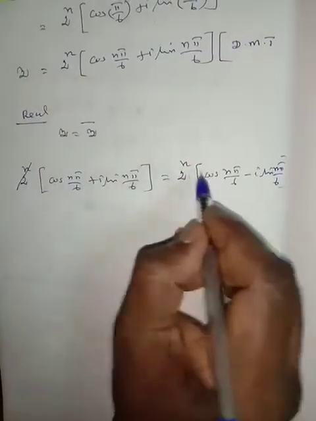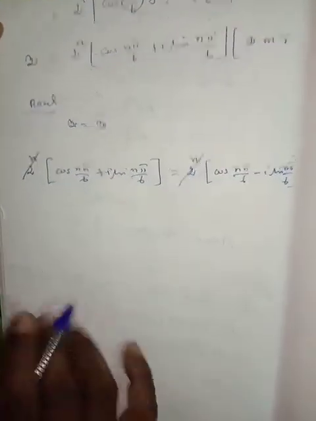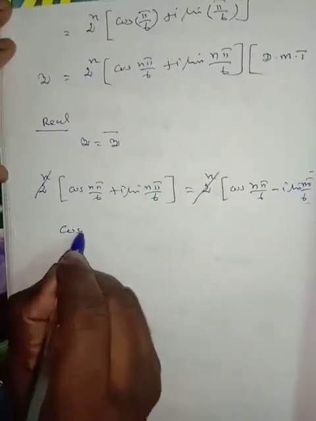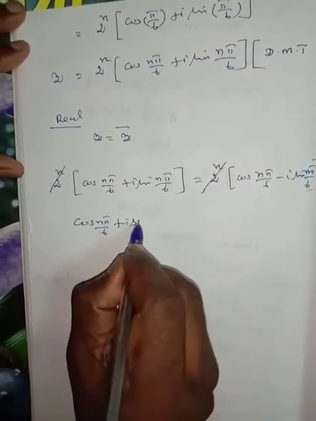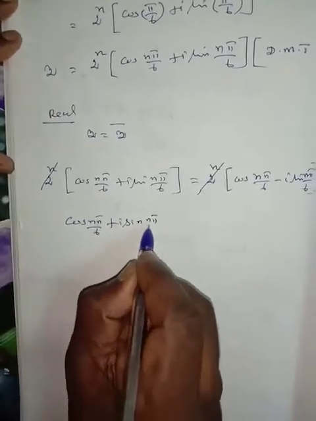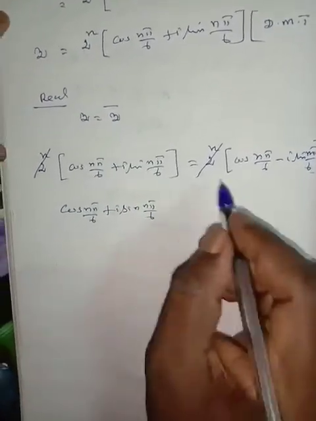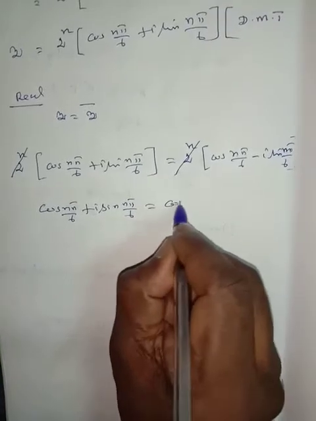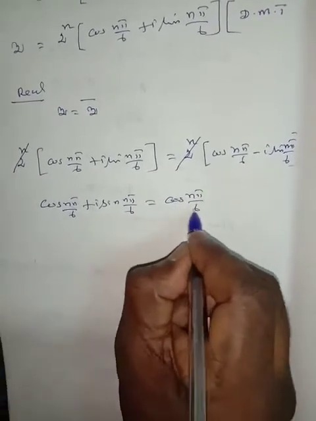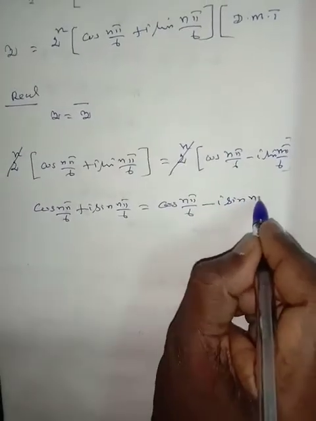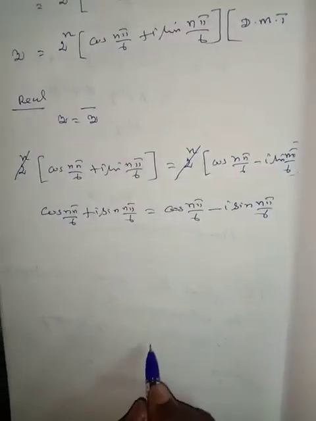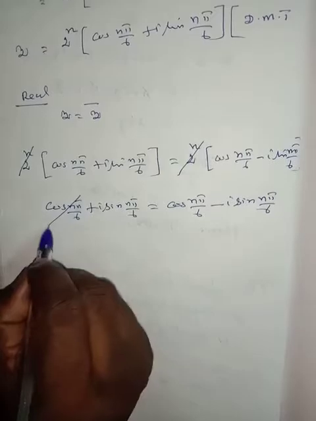2 to the power of n, 2 to the power of n cancelled. Remaining part: cos n pi by 6 plus i sin n pi by 6 is equal to cos n pi by 6 minus i sin n pi by 6. Now this and this are cancelled.